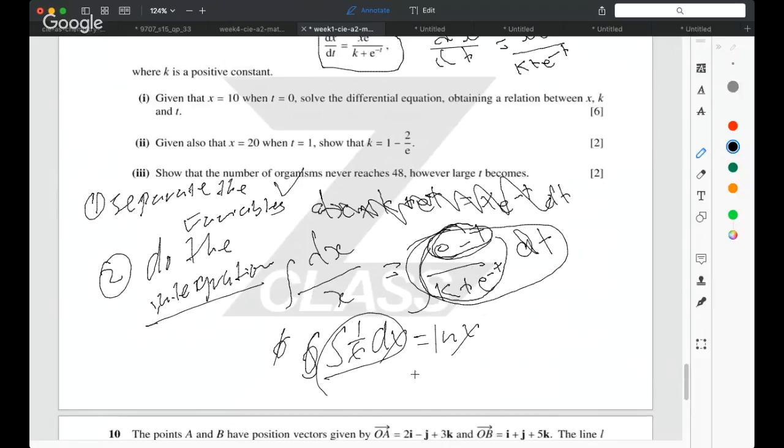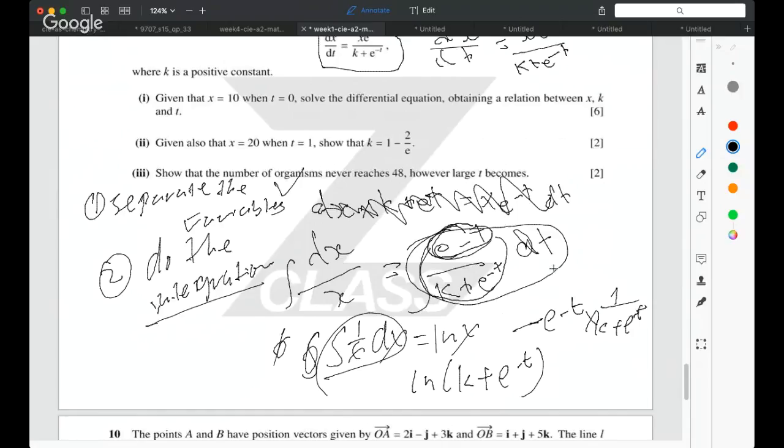So if you had a function like this and then you differentiate, what do you get? You differentiate the inside first, which gives minus e to the minus t times 1 over k plus e to the minus t. That's really similar to this, right? So the integration of this would be something like that.